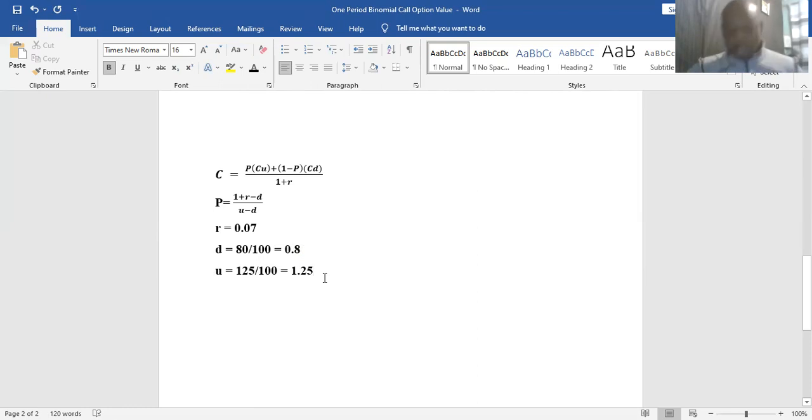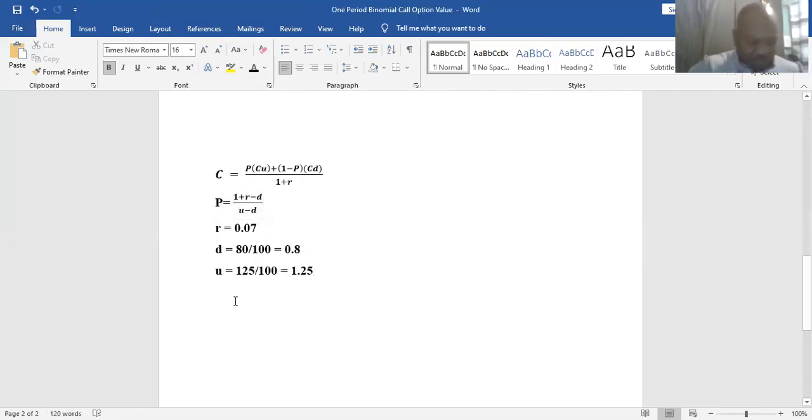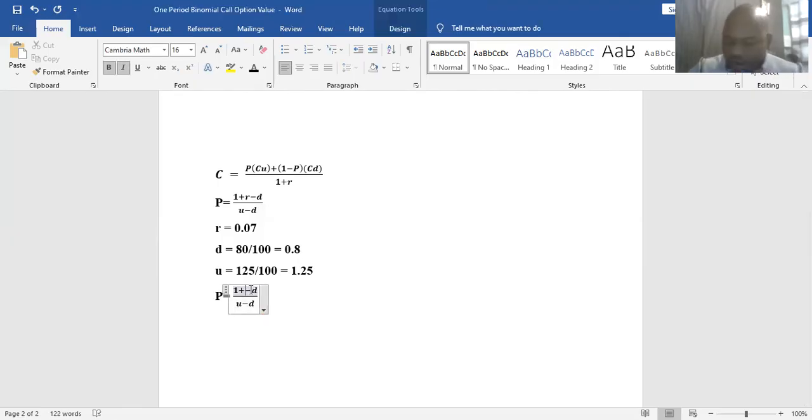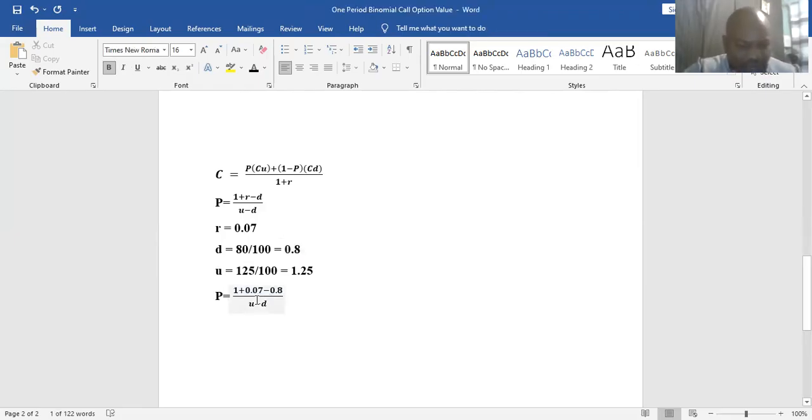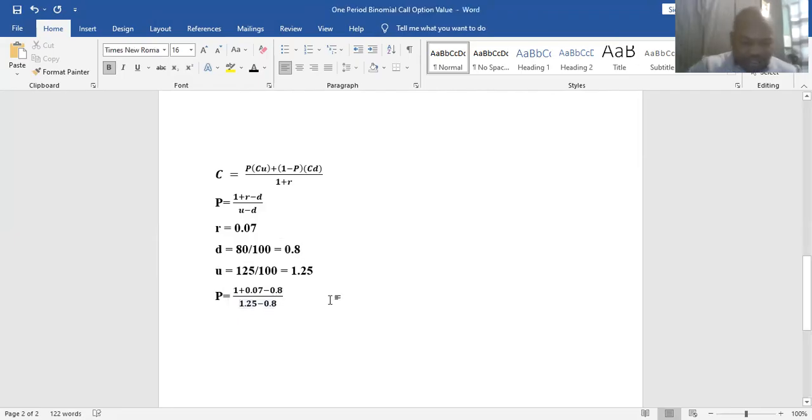So the first thing I'll begin to calculate is my P, because I cannot value the option without calculating the P. So I'll need the P first. So the P is 1 plus R, which is 0.07, minus my D, which is 0.8 as indicated here. And then I have my U, which is my upswing, which is 1.25, and then my D again there is 0.8. All right.